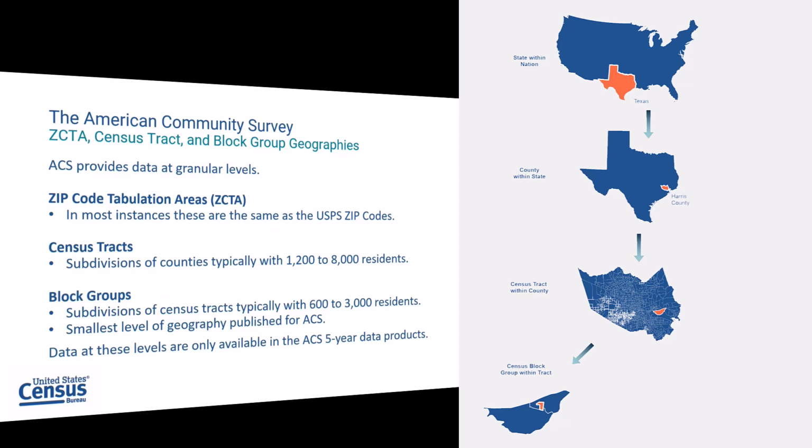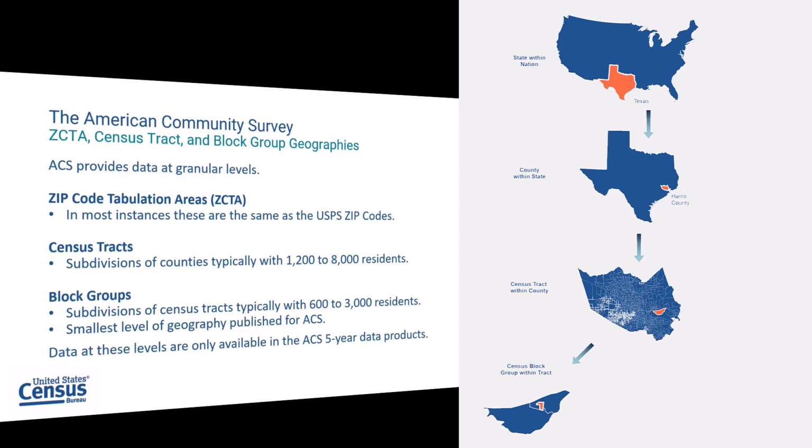Block groups are subdivisions of census tracts that include between 600 and 3,000 people each. In the ACS, the block groups are the lowest or smallest level of geography published. You can only access ACS data at these geographic levels from the ACS 5-year data, not the 1-year data.